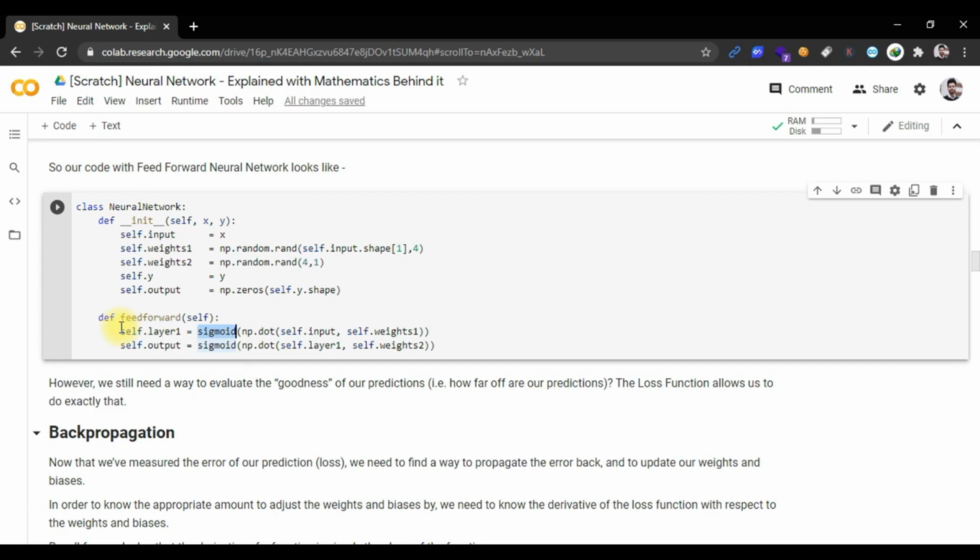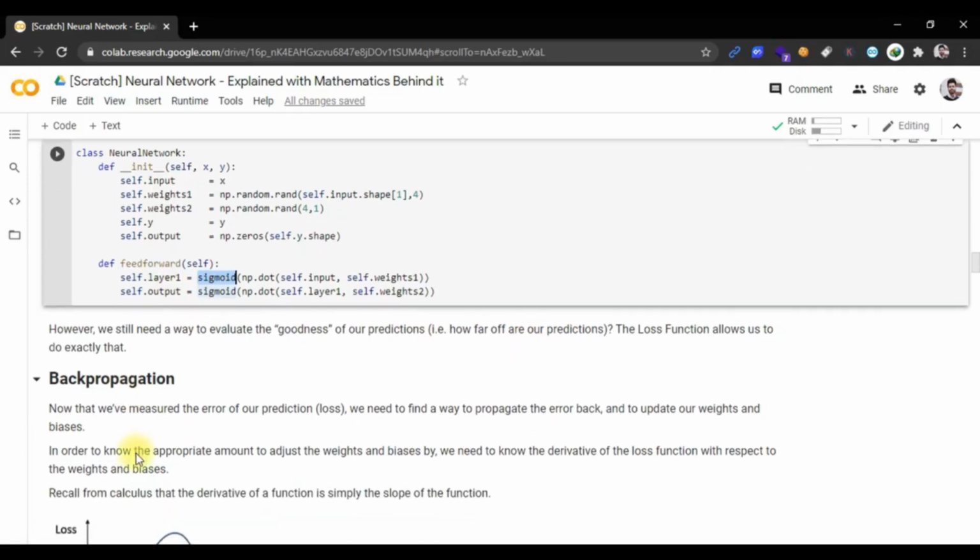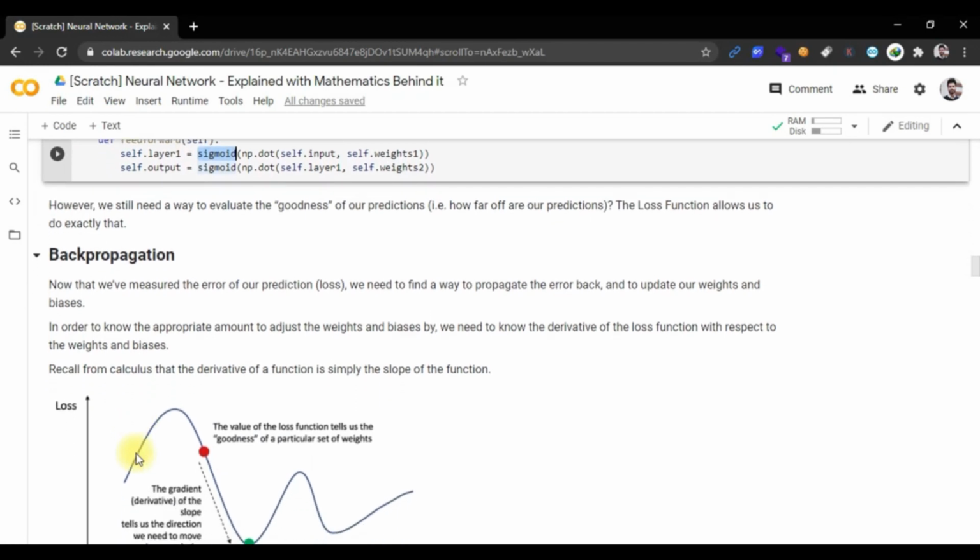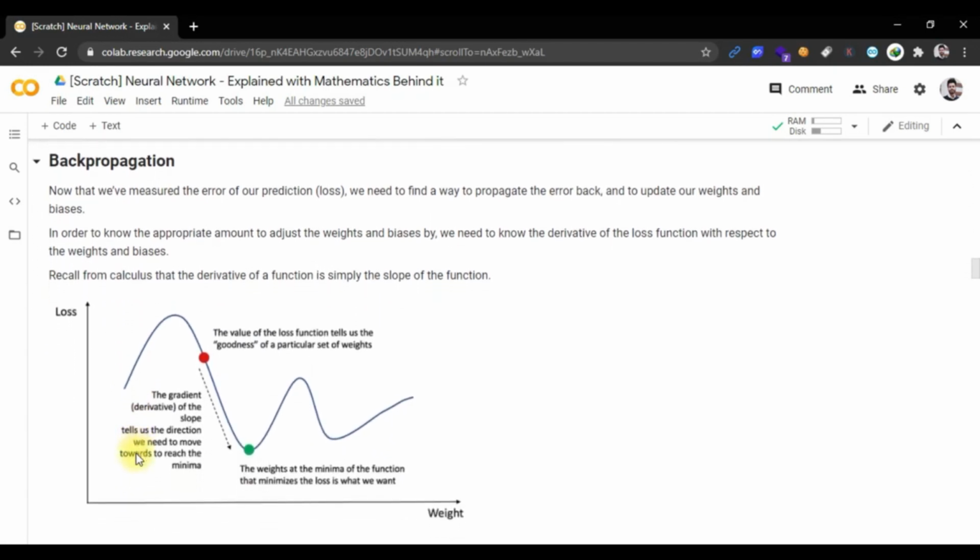Our other case comes here, when the loss is large, that is back propagation. Back propagation works on the thing called the loss. So if there is more loss, we need to back propagate and update the weights and biases. In order to make it happen by adjusting the weights in an appropriate way, we need to know about derivatives and calculus.